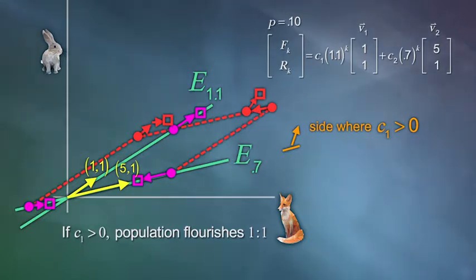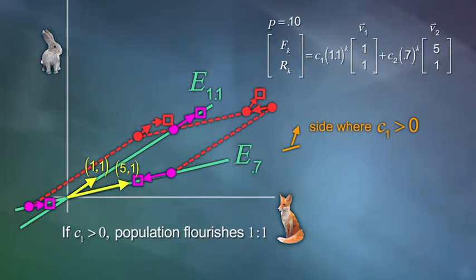Well, it's the side in the direction of (1, 1), so it must be the top side of the 0.7 eigenspace. This is just the set of points where the ratio of foxes to rabbits is strictly less than 5 to 1, which kind of makes sense. If there are fewer than a certain ratio of foxes to rabbits, then both populations should survive and flourish.